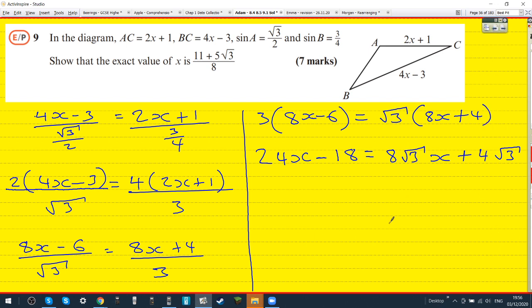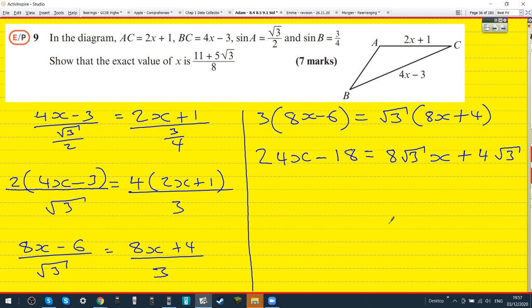Let me write this down. So is x part of 8 root 3? 8 root 3 is just a number.